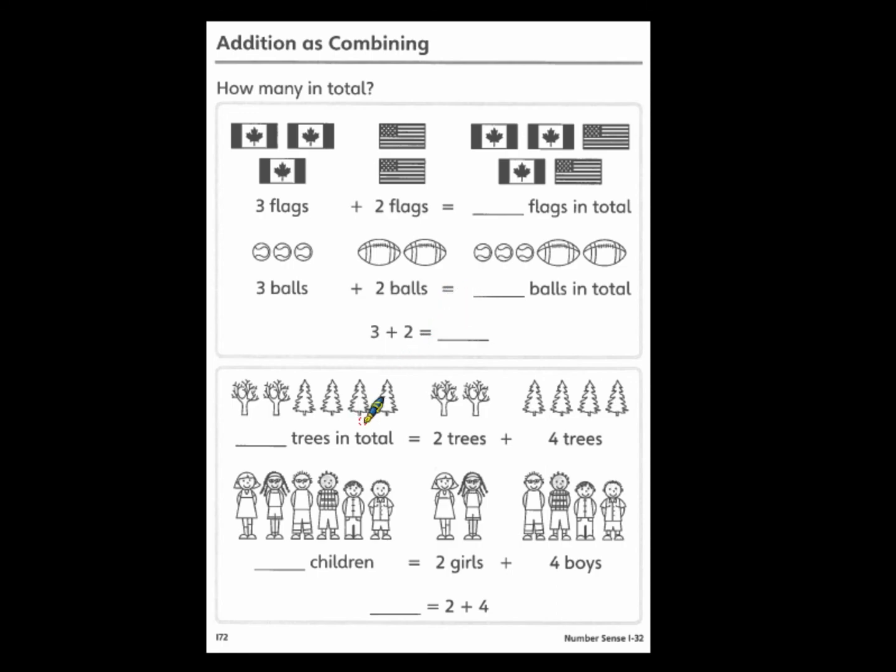Or we're going to do it in the way that you guys think is not right, but it is. How many trees altogether when it's this kind plus this kind? Deciduous plus coniferous. How many kids altogether when it's 2 girls and 4 boys? Same number is the same as 2 plus 4. All of these are the same in numbers.